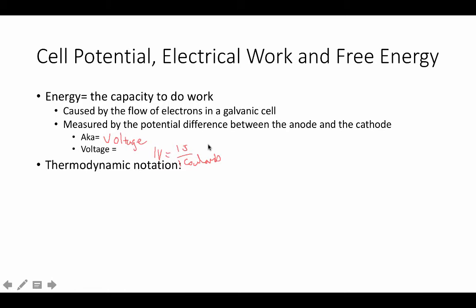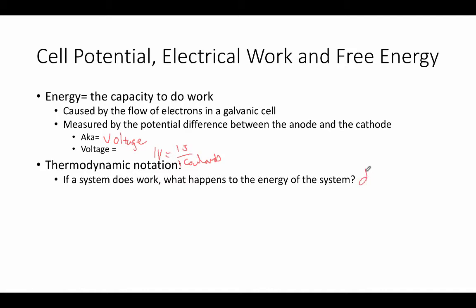So we are using thermodynamic notation. So if a system does work, what happens to the energy of the system? Well, just like if you or I have to do work, our energy goes down, our energy decreases. So that means that the energy of the system will also decrease if it has to do work.